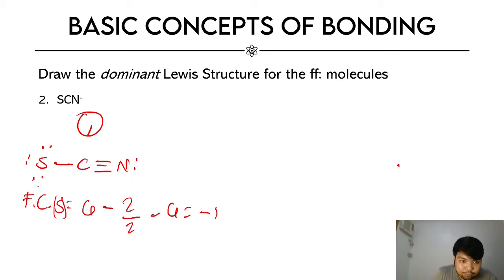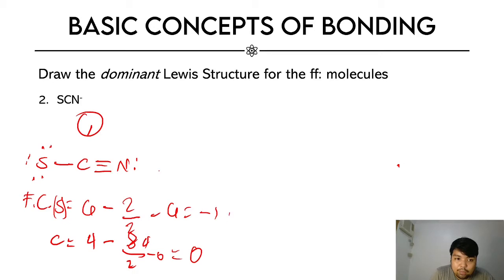Now, carbon has 4 valence electrons minus 2, 4, 6, 8 bonding electrons divided by 2, and carbon has 0 non-bonding electrons. So 8 divided by 2 is equal to 4. So 4 minus 4 is equal to 0.